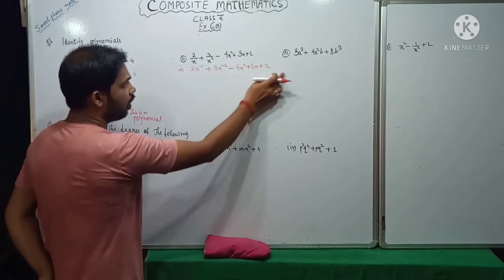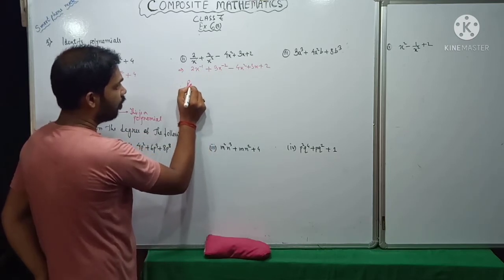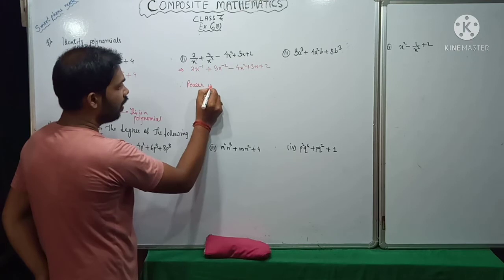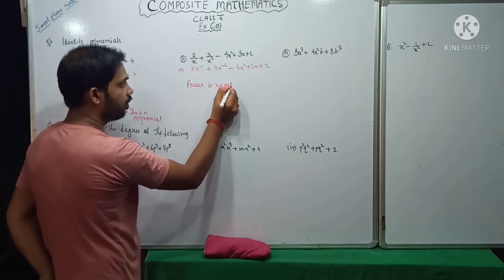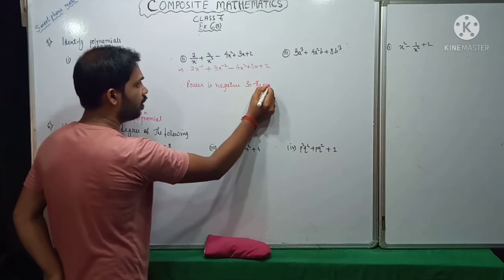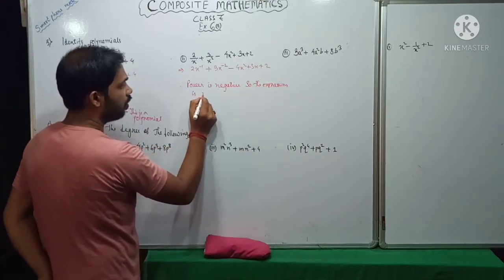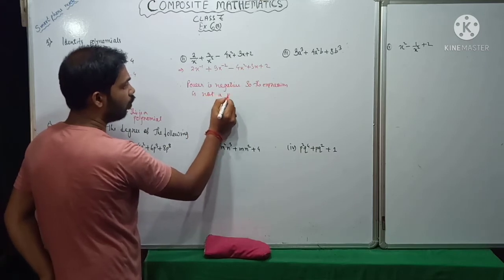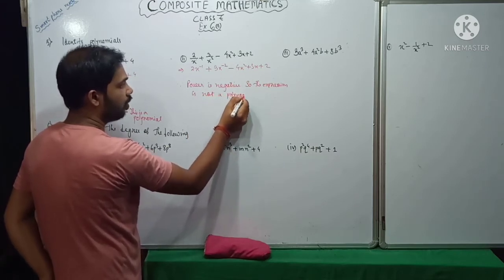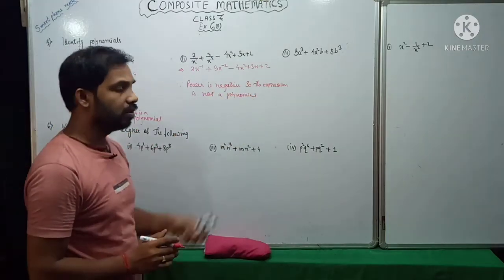Now see in this whole expression the power becomes negative. Since power is negative, the expression is not a polynomial.